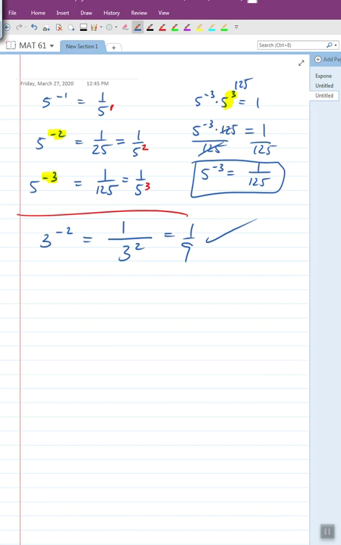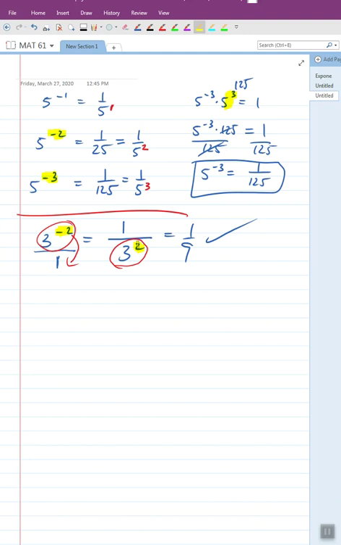So this 3 to the negative 2 right here, if I just pretend that that was over 1 to make a fraction out of this, doesn't it look like basically what you did is you moved this to the bottom of the fraction? And when you did that, what happened to the sign of the exponent? It switched.